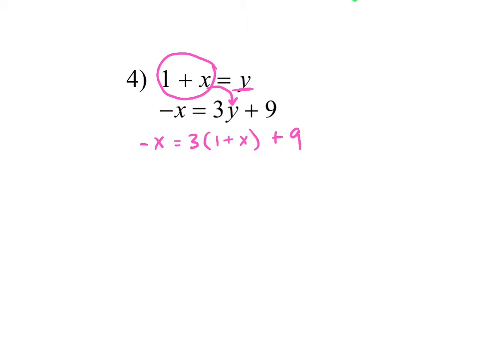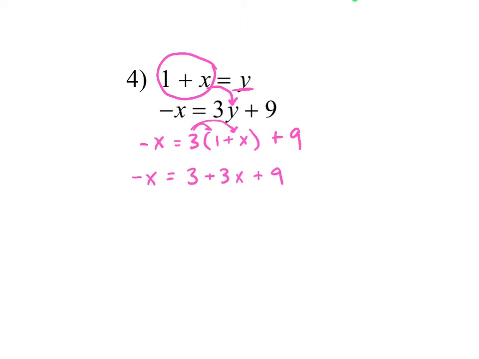What do we do next? We're solving for x, so what do we distribute? Distribute the 3. So 3 plus 3x plus 9. That's equal to -x.